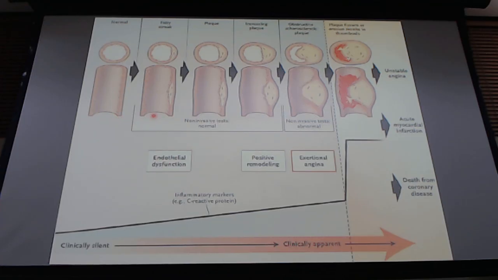And then as you go on, you'll see different fatty streaks start to deposit, and they form what's called a plaque. So now you have a slight obstruction. And then as that plaque continues to grow, you see that it gets bigger.